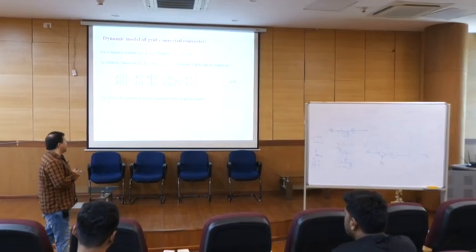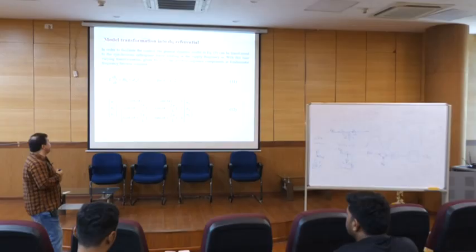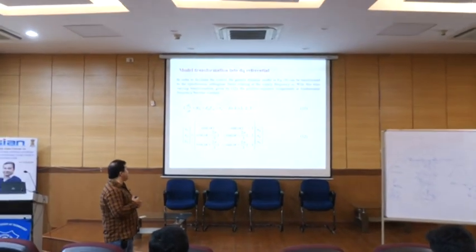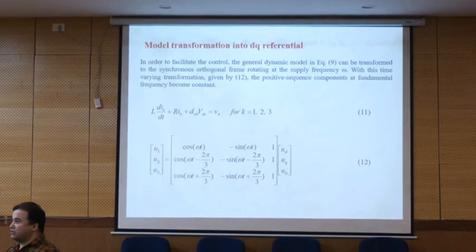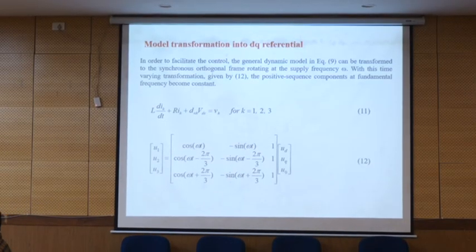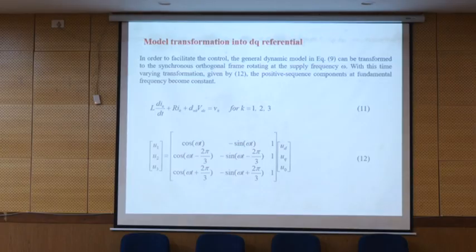So now I'm going to transfer this three-phase system with the Park transformation to see whether it is really true that if we transfer it from ABC to 0DQ, it makes our life much easier when designing the controller.